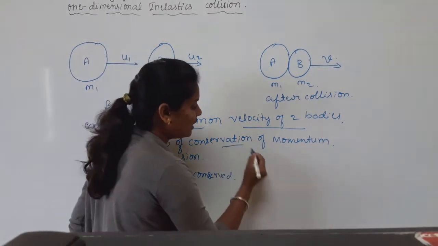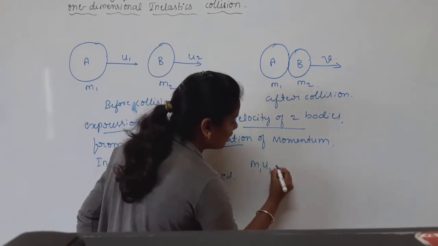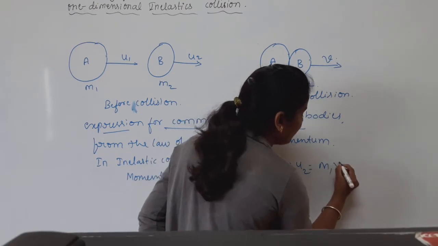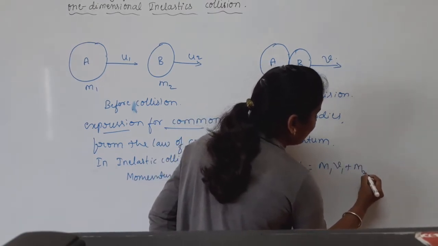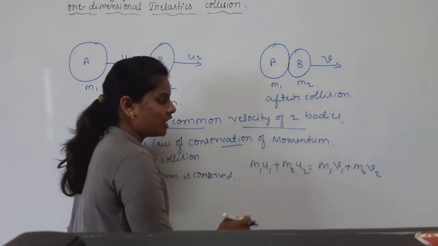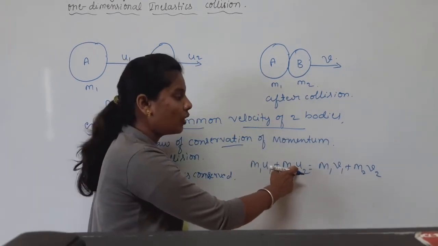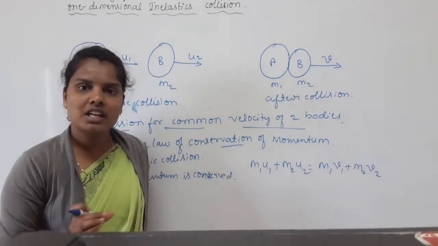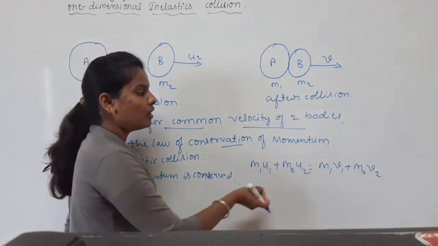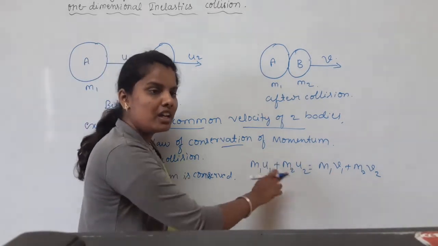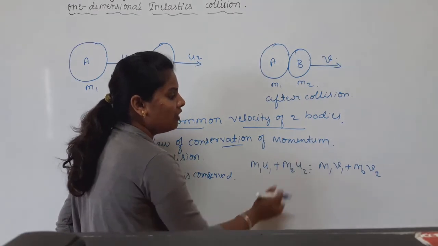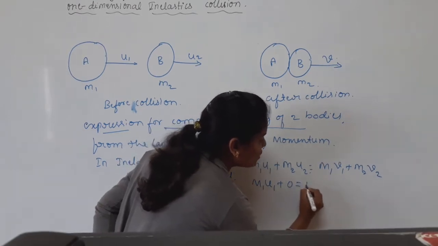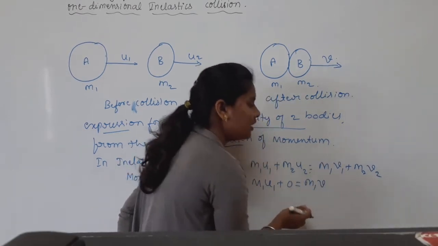According to that statement, m1 u1 plus m2 u2 equals m1 v1 plus m2 v2. Here u2 is 0 because before collision body B is at rest. Therefore, the initial velocity of body B is 0, and this term vanishes. So m1 u1 plus 0 equals m1 v1 plus m2 v2.